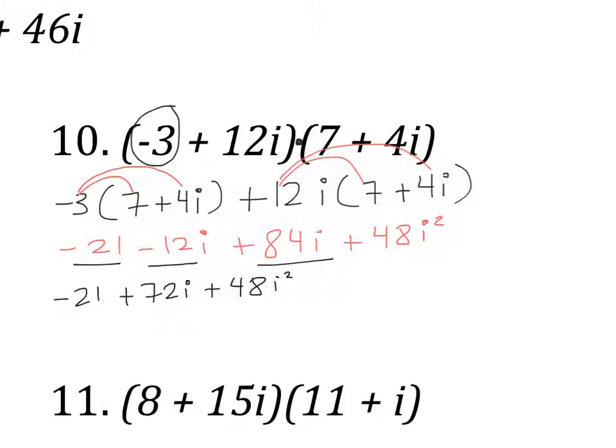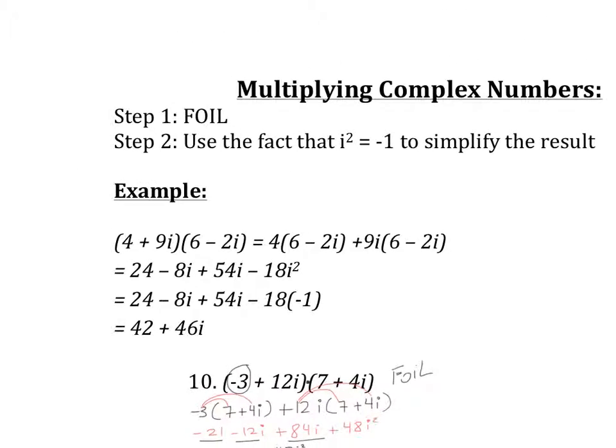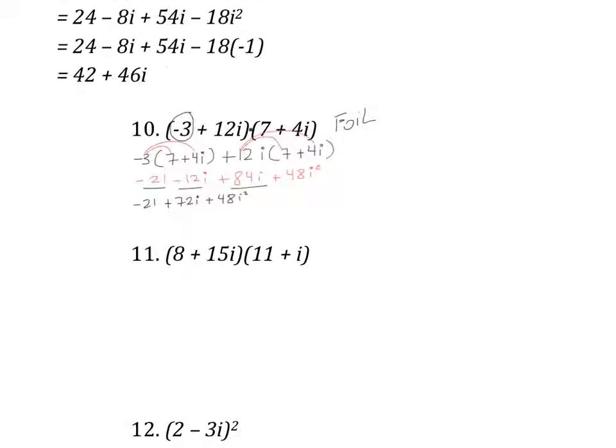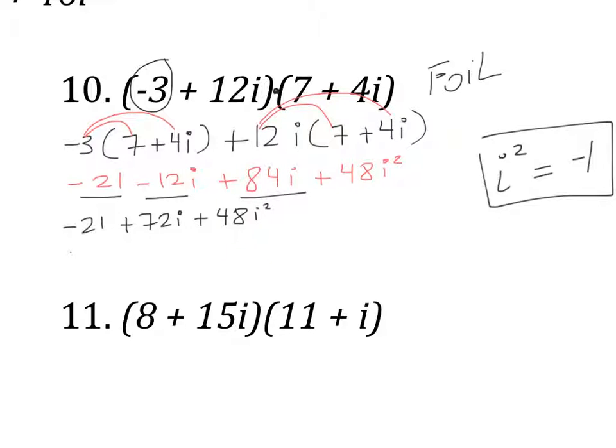So my first step is to FOIL. My second step is to combine like terms. And step 2, remember the big idea is that i squared is equal to -1. Keep that in mind. So every time you see an i squared, think of it as a number. So instead of i squared, I'm going to replace it by a -1.